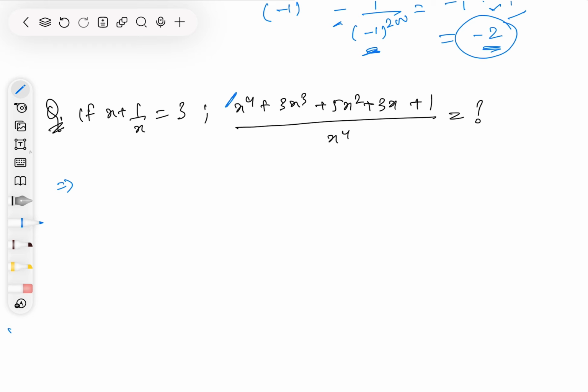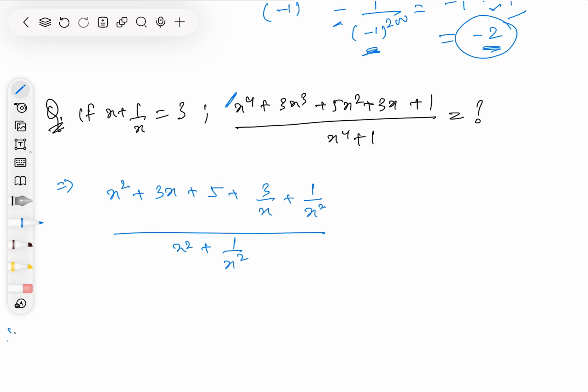If you look at this, if we divide the whole numerator and denominator by x square, this is x to the power 4 plus 1, sorry about that. If we divide both of them by x square, then wouldn't it look something like this? x squared upon x squared plus 1 by x squared, right?